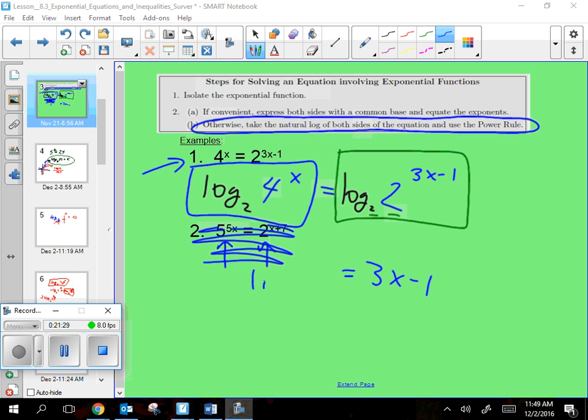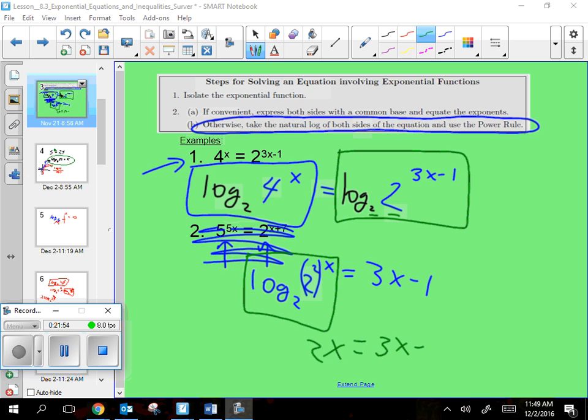So you'd say log base 2 of 2 squared to the power of x, or 2 to the 2x. Why was that smart? Because now this whole side turns into 2x. You see why? Base is the same. So now 2x equals 3x minus 1. Now that's the same exact equation we got before, a lot quicker, by just setting the bases the same. You see how setting the bases the same, if you can, is a pretty good way to go.